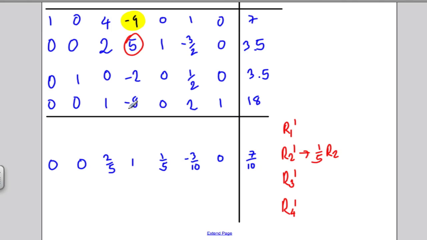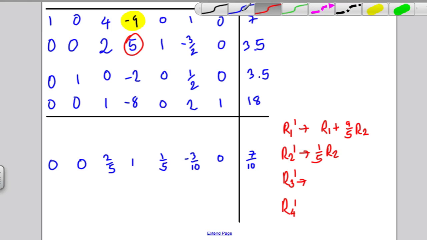Okay, now how are we going to get the others? It's going to be slightly complicated, so you're going to want your calculator at hand here. Let's do row 1 to start with. We're going to take our old row 1 and add to it 9 fifths of the old row 2. So we're going to add 9 fifths of this row.